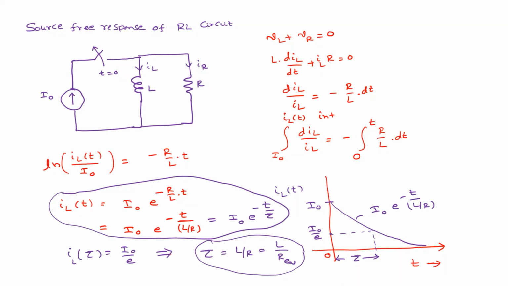Similarly, we'll find out the power or the energy absorbed by the resistor. What is the voltage across the resistor? I into R, in other words IL into R. So what is the power across this resistor?